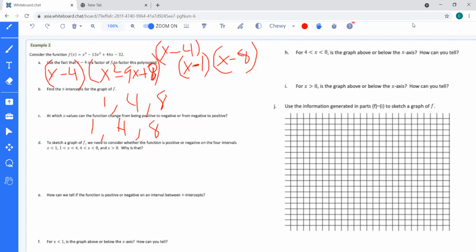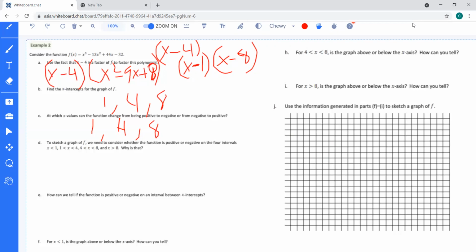So what we would do is we would pick a point, plug it in, and see if that answer is negative or positive. Well, if it's negative, we know that it's going to be below the x-axis. Okay, so let's do that.